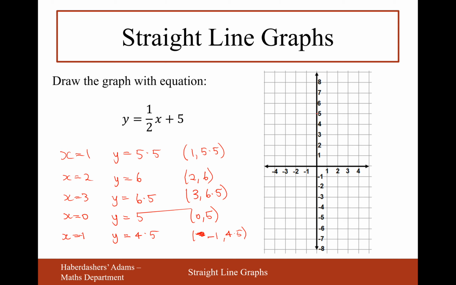We'll start up at 5, then (1, 5.5), (2, 6), (3, 6.5), (-1, 4.5) here. So now we can spot the pattern that it's going up by a half each time. Lovely, there we are. And that is the graph y equals a half x plus 5.